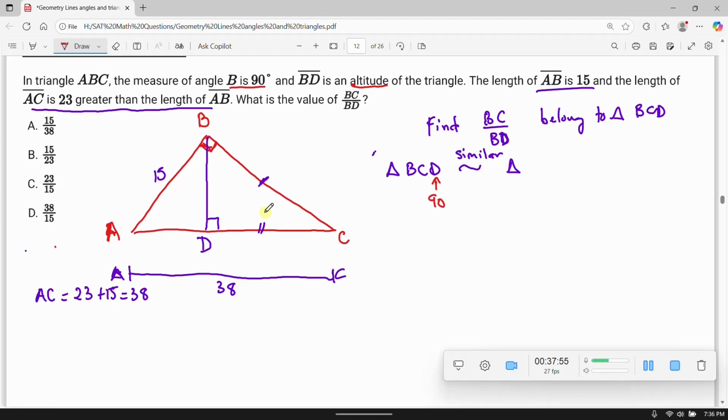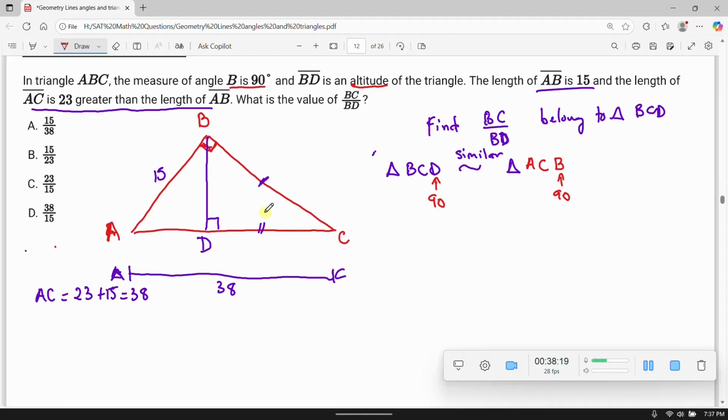So whatever's back here needs to be 90 degrees, which is angle B. So make sure you pair them up. So that's going to be ACB. Make sure you pair them up by the angle.